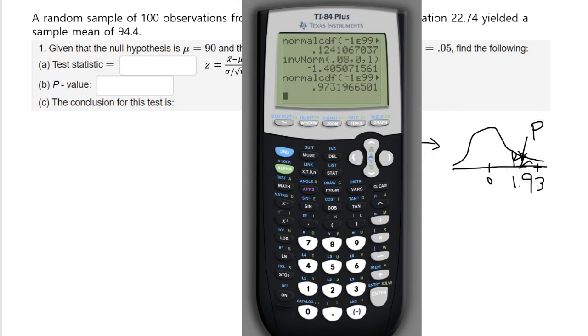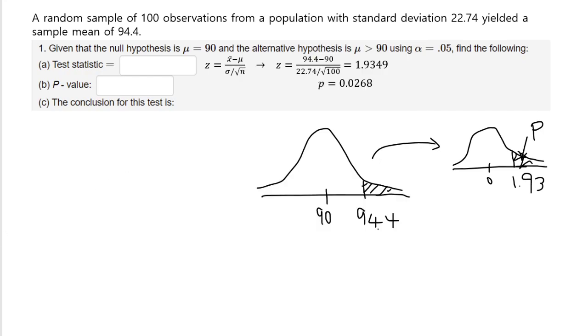Therefore, the p-value has to be computed as 1 minus this value. So if you do 1 minus the normal CDF of that, then you get 0.02680 as your p-value. Okay, so that's your p-value.